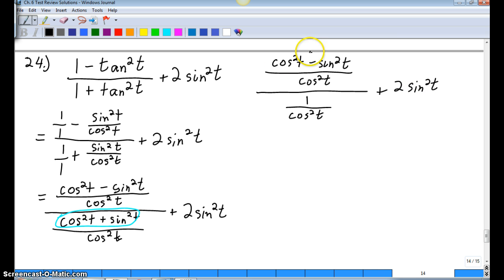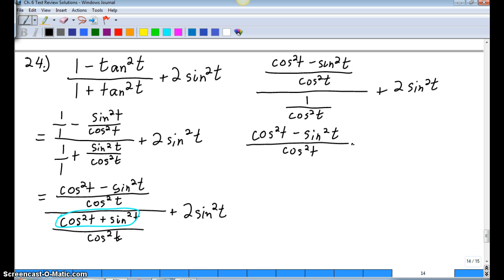Now here we have a fraction on top divided by a fraction on bottom, and I'm going to rewrite that. So we have cosine squared minus sine squared over cosine squared.